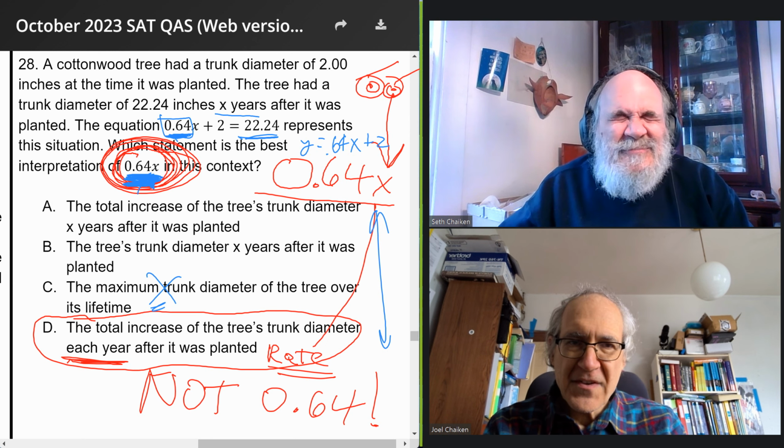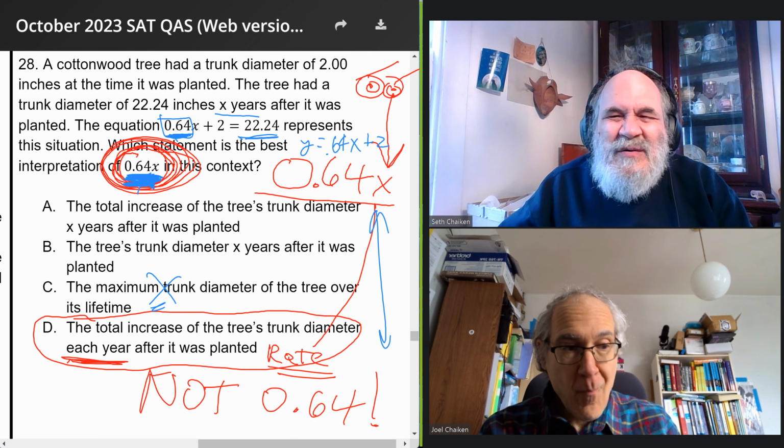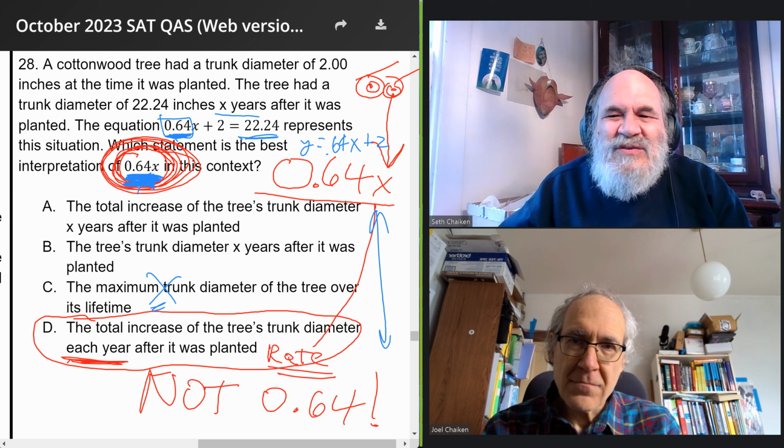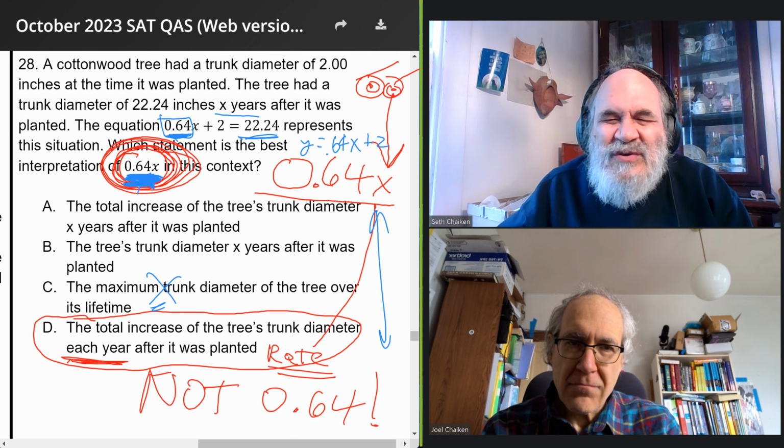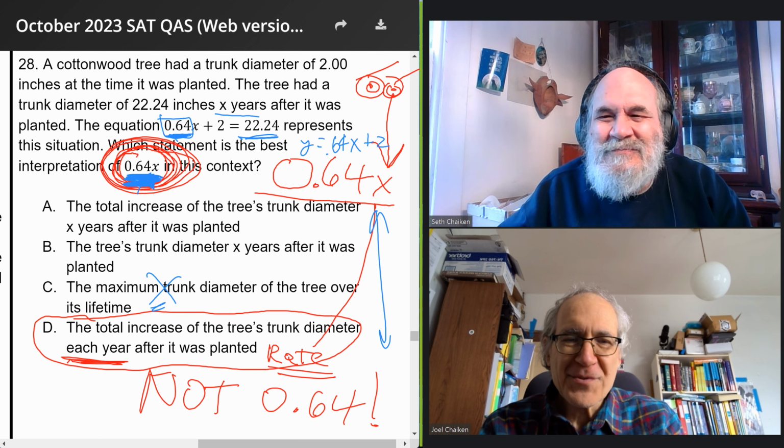So I think what we need to emphasize when we demonstrate doing these questions is to read the question slowly and clearly. Yes, and I will start doing that.